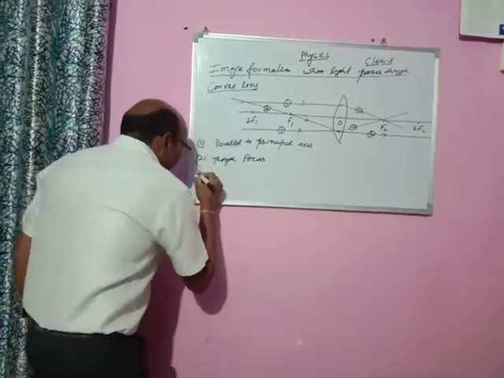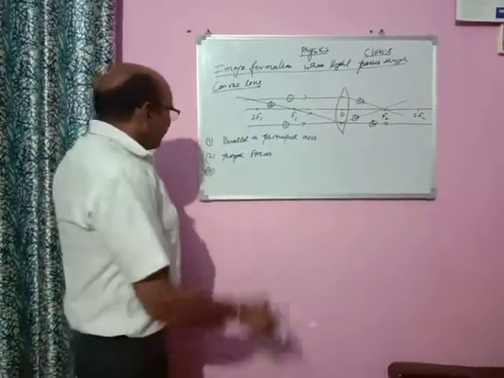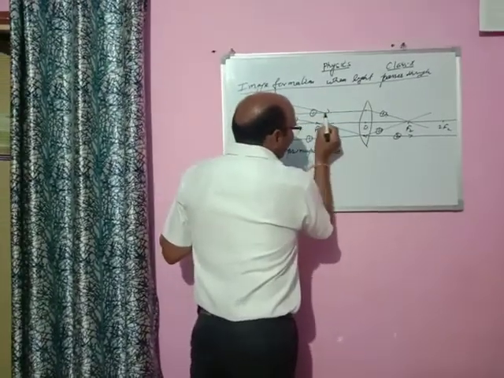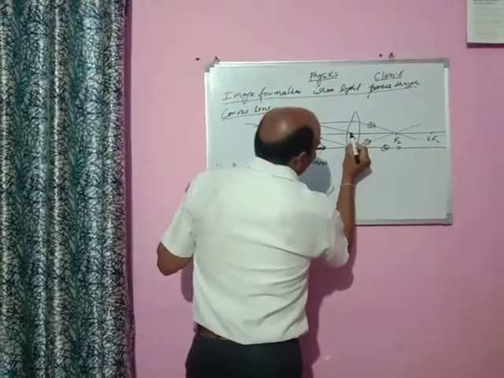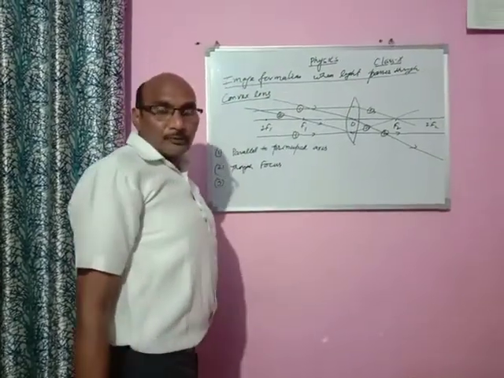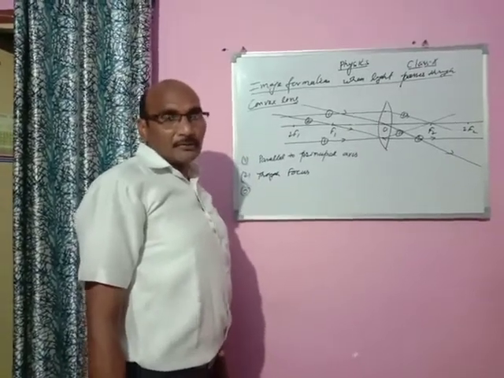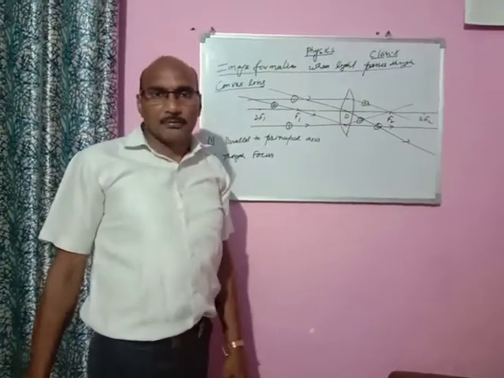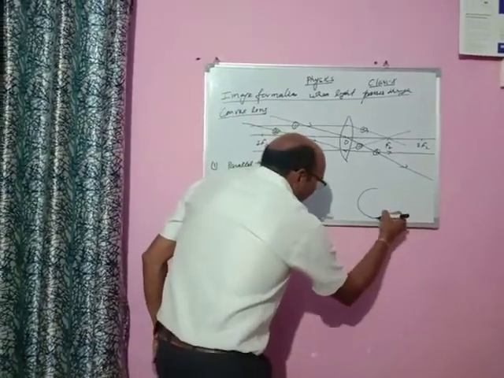Number 3, if one light ray is coming through the optical center, it always goes undeviated. You know why? A light ray coming on the optical center means it is coming from the surface and reaching the center. Let me recall: let one circle be there.